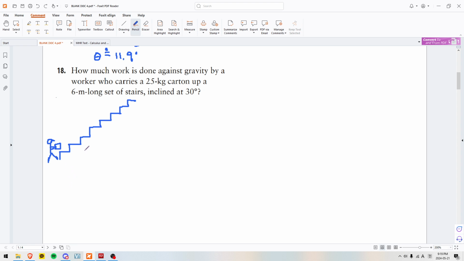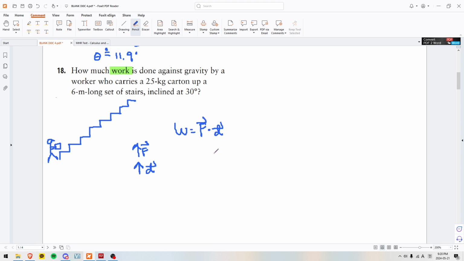Okay? And now if my force is in that direction, I am also interested in the direction in the upward direction. Remember, work is the force times the displacement, but these two have to be in the same direction.